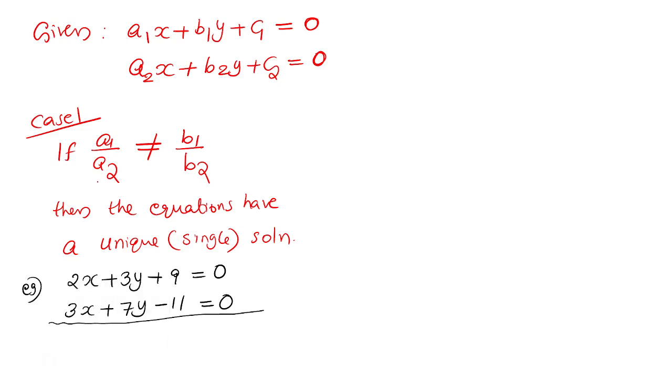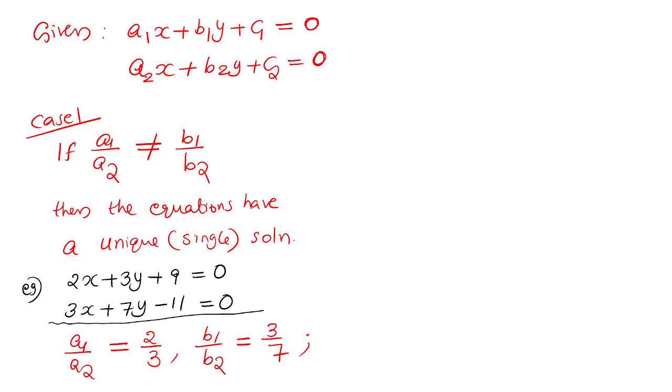So in this case we find the ratio a1 by a2, which is 2 by 3 here. What is b1 by b2 then? b1 by b2 is 3 by 7. 2 by 3 is not equal to 3 by 7.